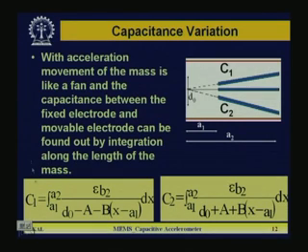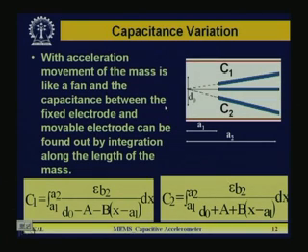That is why the capacitance is calculated by integrating from A1 to A2, where A1 is this distance and A2 is the distance from this point. If you integrate this relation from A1 to A2, that will be the average value of the capacitance C1. Similarly, C2 is also integrated from A1 to A2, and it is given by this expression. So it is not exactly parallel plate, and you cannot directly use the simple relation. That is why d naught is some average value, and from there we see how much it is deviating.